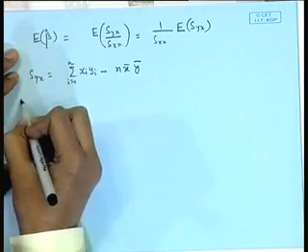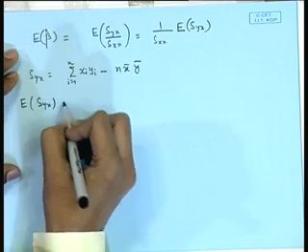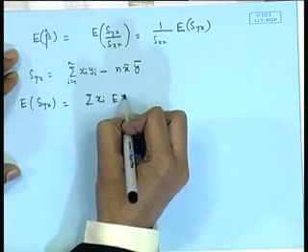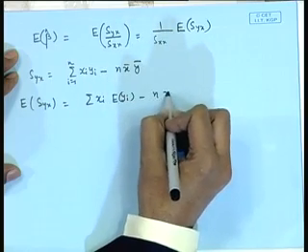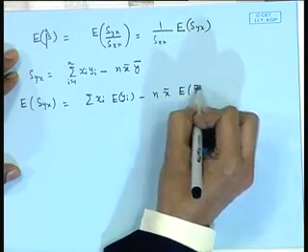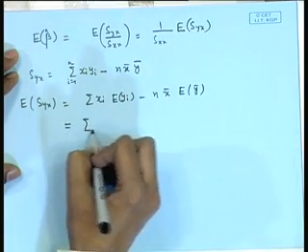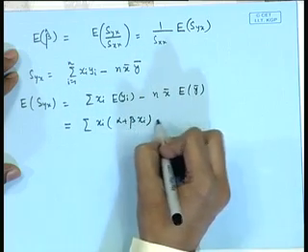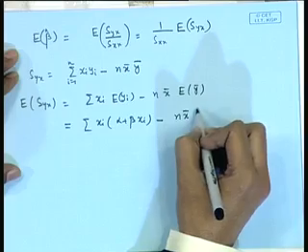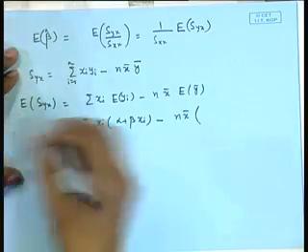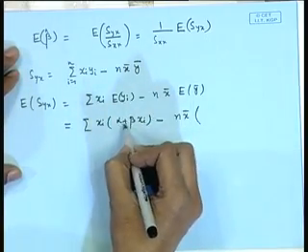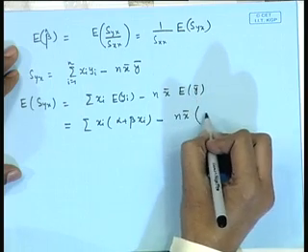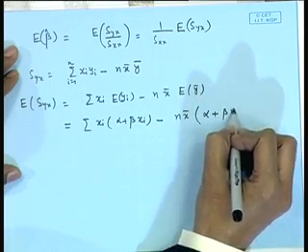So, if I take the expectation of this, it is equal to sigma xi expectation of yi minus n x bar expectation of y bar. So, that is equal to sigma xi (alpha plus beta xi) minus n x bar. Now, if I know the expectation of yi and substitute for each of them here, I will get the expectation of y bar as alpha plus beta x bar.